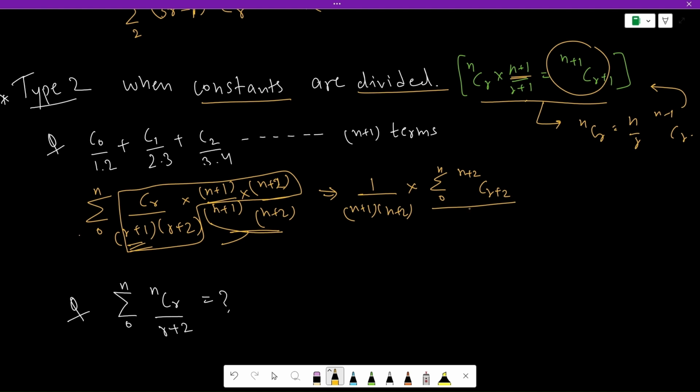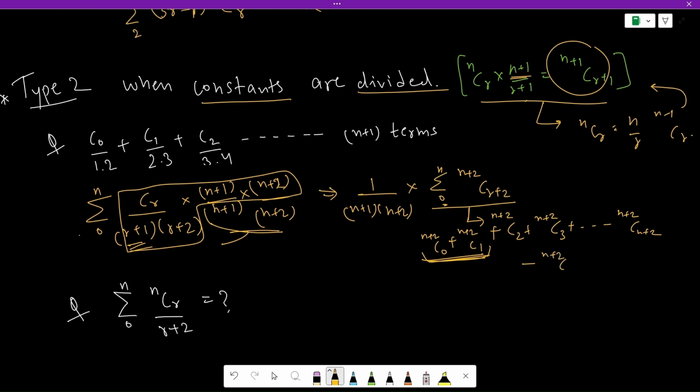Now here it may look like you can use the result directly, but because of the limits we cannot use it directly, because when we open this summation it will be n plus 2 C2 plus n plus 2 C3 and so on up to n plus 2 C n plus 2. Now for the result we also need n plus 2 C1 and n plus 2 C0, but these both are missing, so we will add it and subtract it.